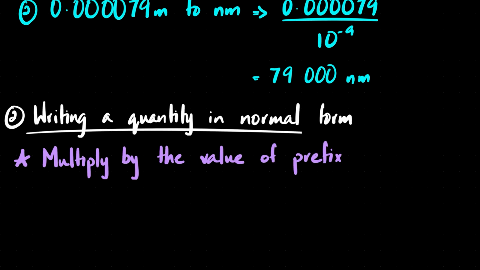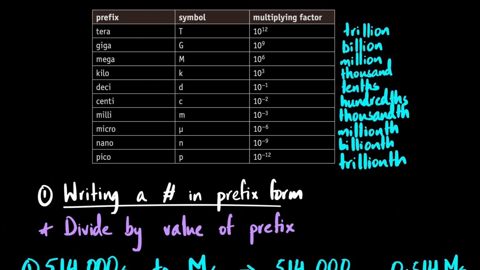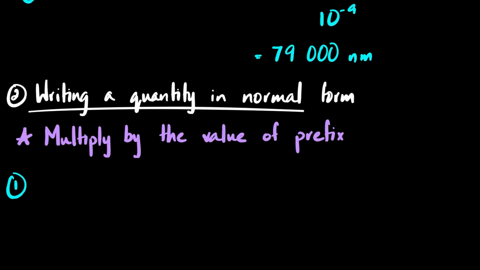Again, let's do a few of these too. So for example, let's say we have 0.084 teragrams, and I have to write this in just grams, right?